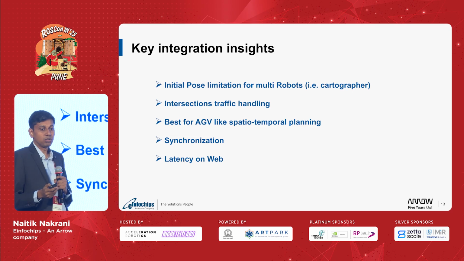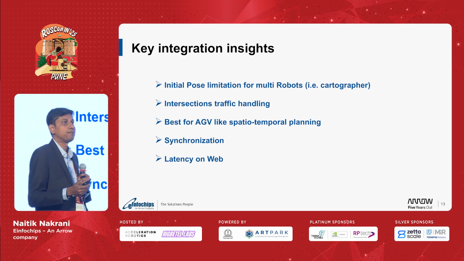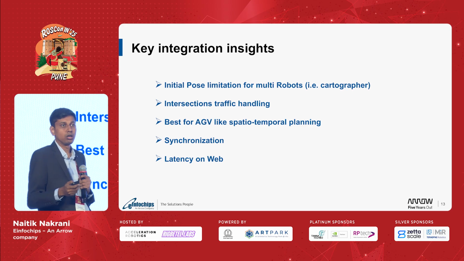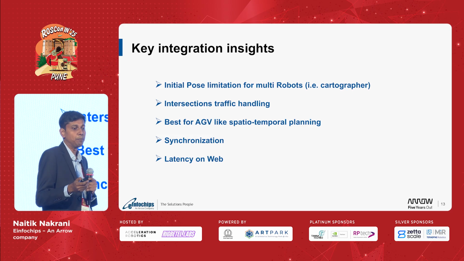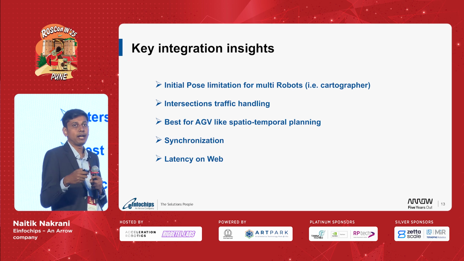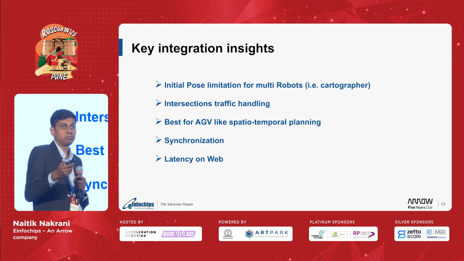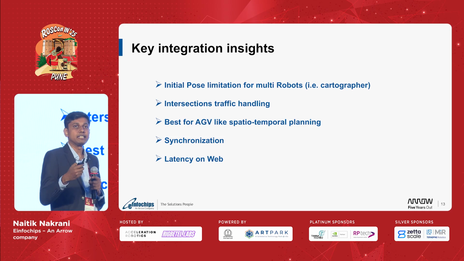Okay, all right. So we are moving to the end. Key insights from what we learned from this implementation. Like many other fleet management systems, OpenRMF is also an evolving technology, so definitely there is scope for improvements. What we have seen is that when you add multiple robots, a SLAM algorithm like Cartographer requires your robot to be placed at exactly the same starting location in order to start its localization algorithm.